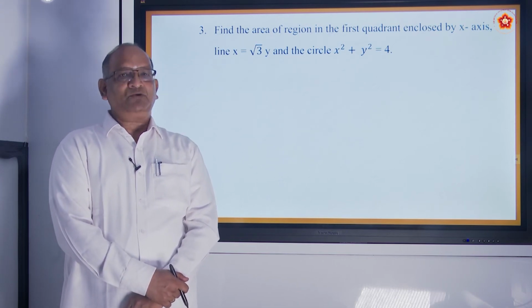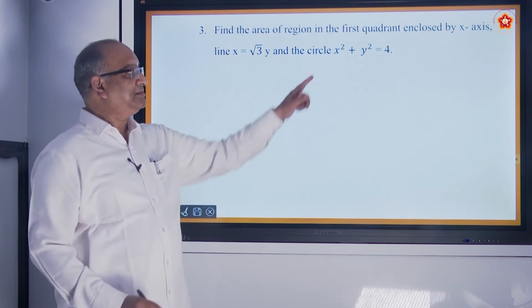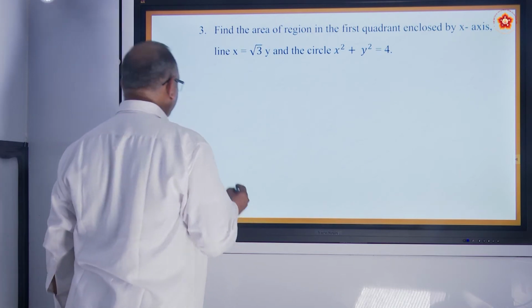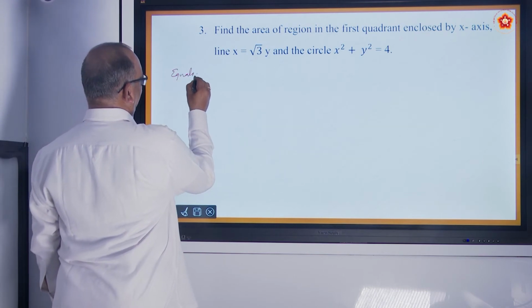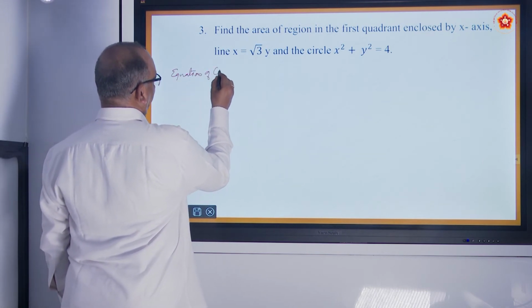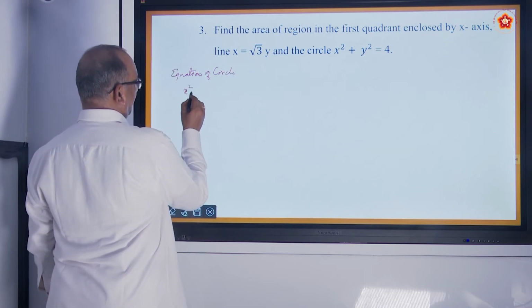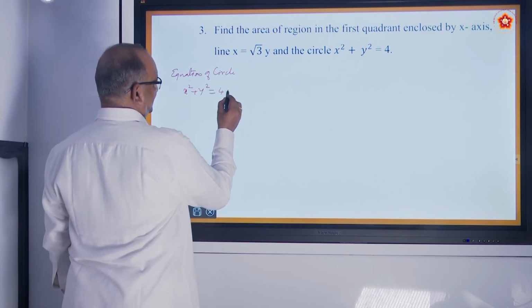It is a circle whose center is the origin and radius is 2, which can be written as 2 square.